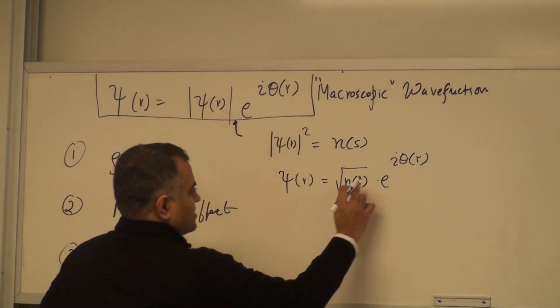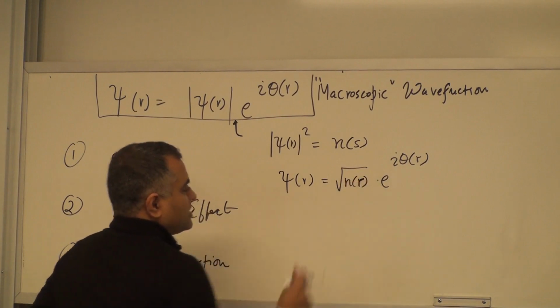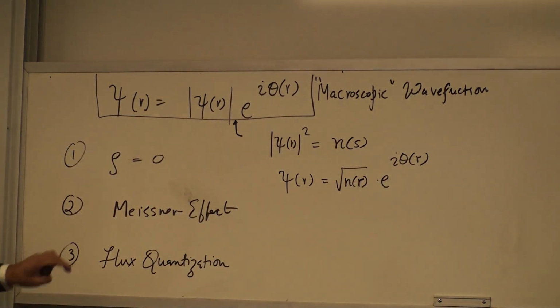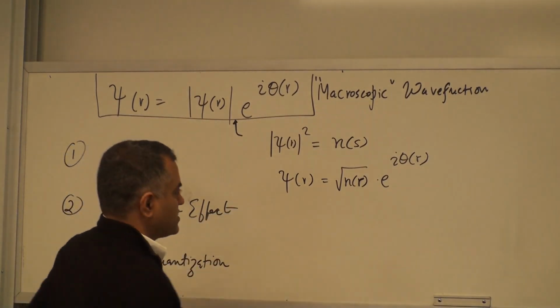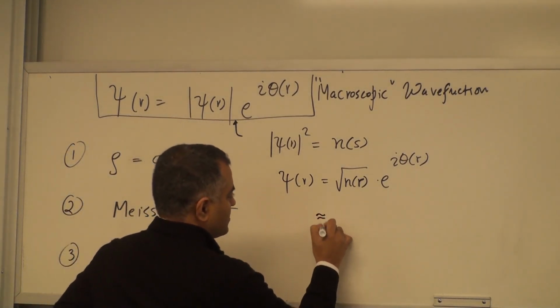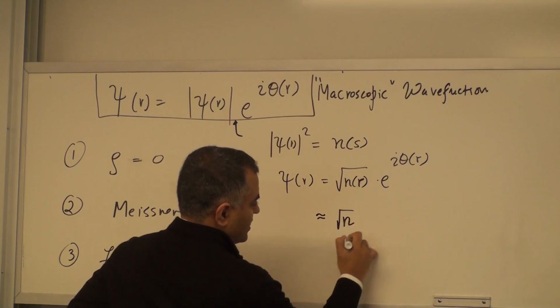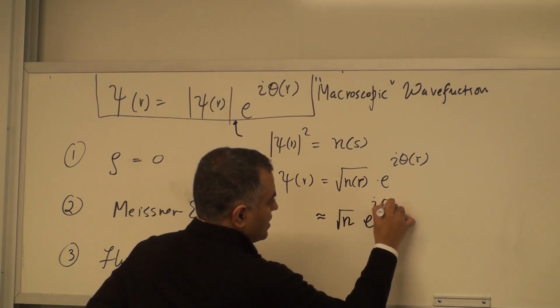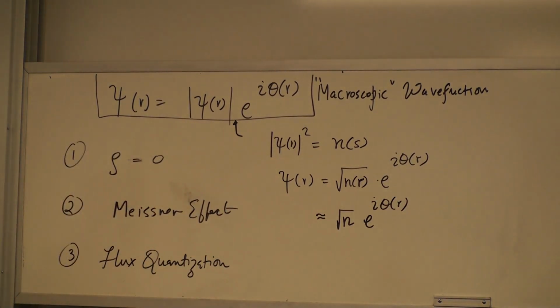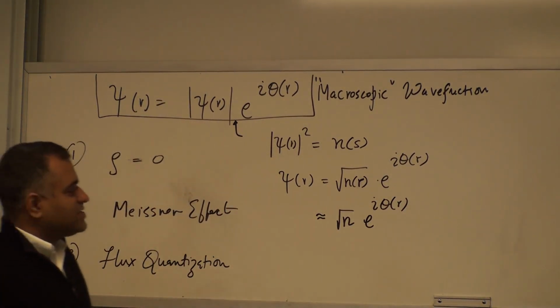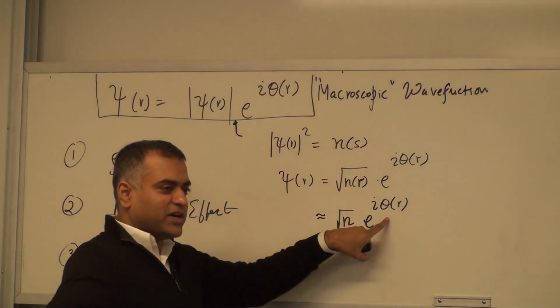And we initially have assumed that let's look at situations where the carrier density is uniform everywhere. So under that approximation, the wave function is just square root of a carrier density times e to the power of a phase. And this phase is, again, just to be very clear, just one phase for the 10 to the power 22 particles here.